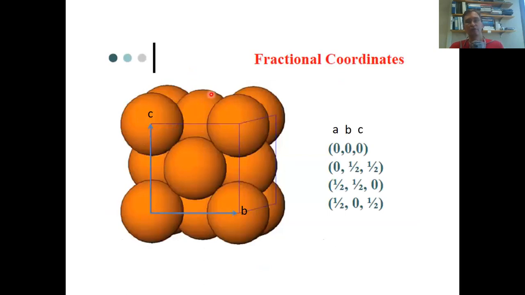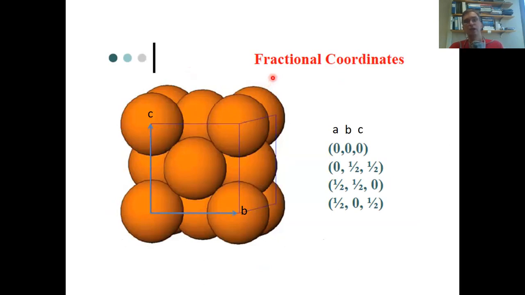Okay, so last but not least, I would like to review what is called fractional coordinates. So fractional coordinates describe nicely where atoms are sitting within the unit cell. Therefore, they're very handy to describe unit cells in general and the unit cell contents.